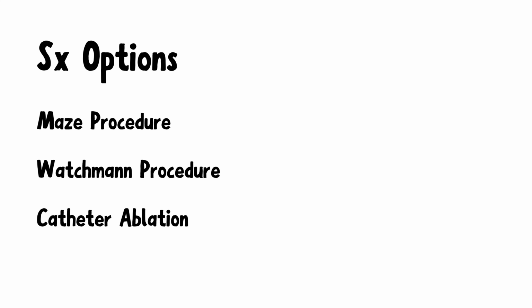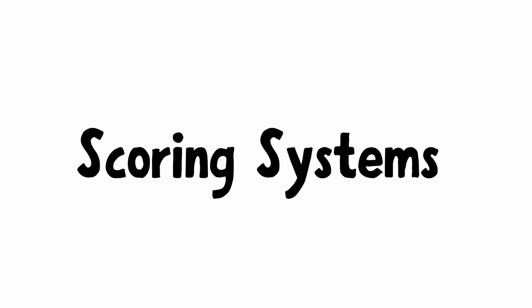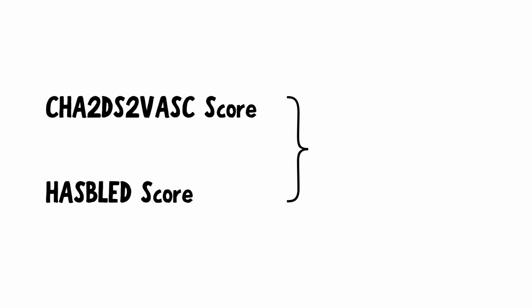Catheter ablation is another minimally invasive procedure that ablates and creates scar tissue around the pulmonary veins, which are the source of atrial fibrillation.